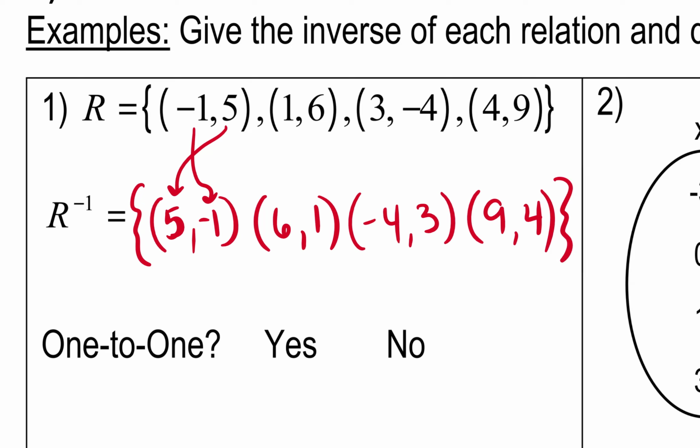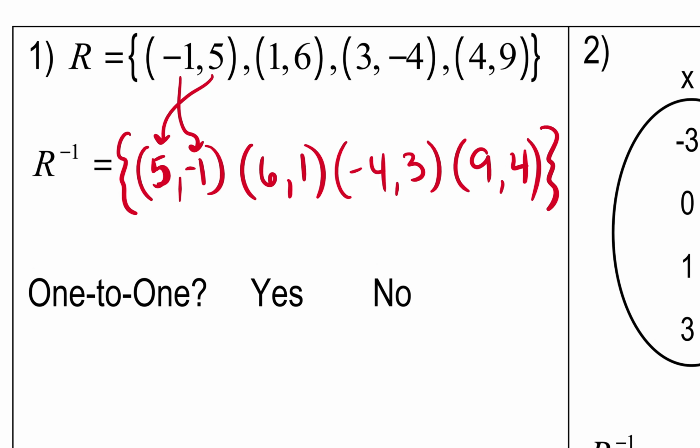That's my inverse relation. Now, one-to-one. Both the relation and the inverse are functions. So remember, to be a function, x cannot be repeated. If I look at all my x's on the relation, I have negative 1, 1, 3, and 4. None of those repeat, so that is a function.